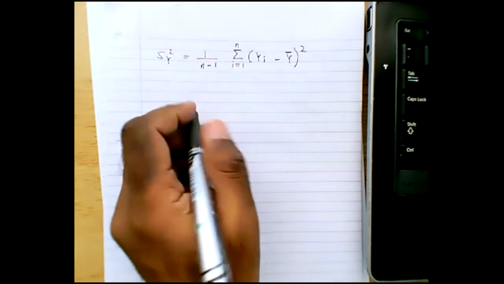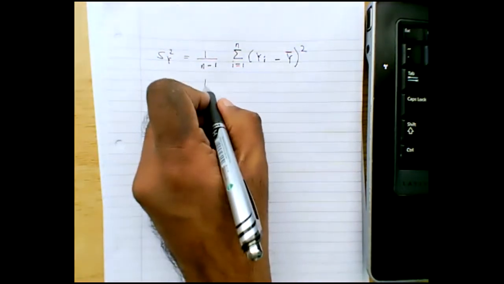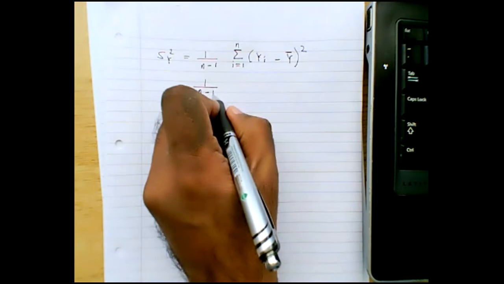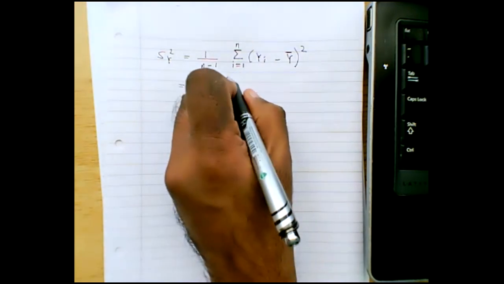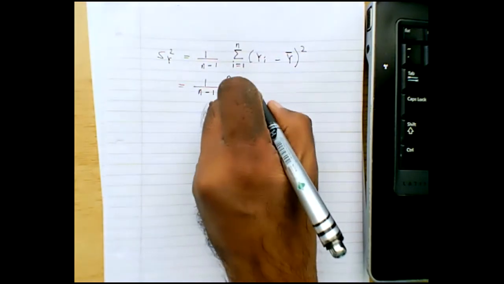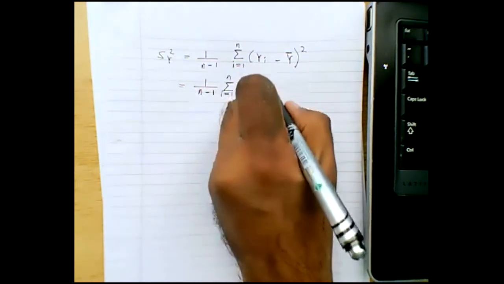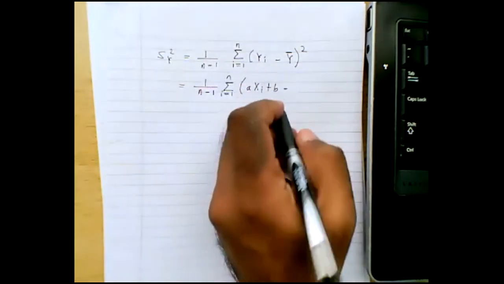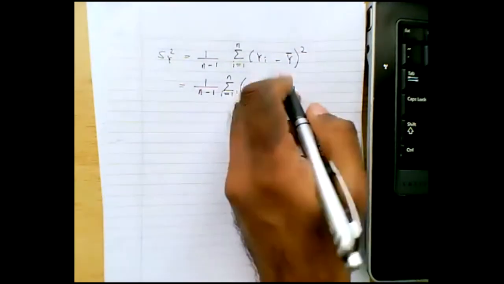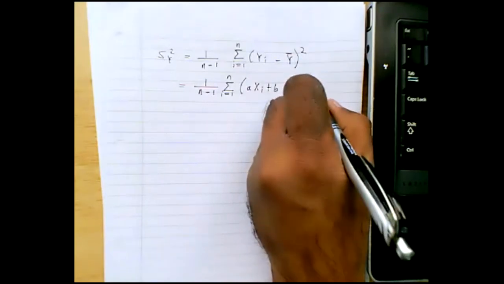Now we know from question number 7 that yi can be expressed as axi plus b, and we know from the part that we just completed that y bar is a x bar plus b.